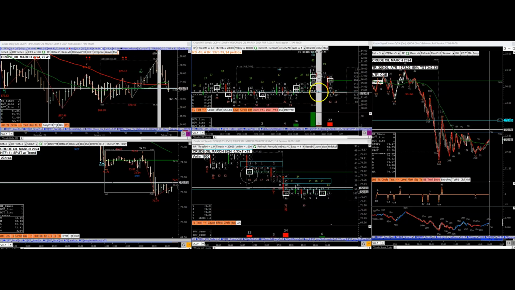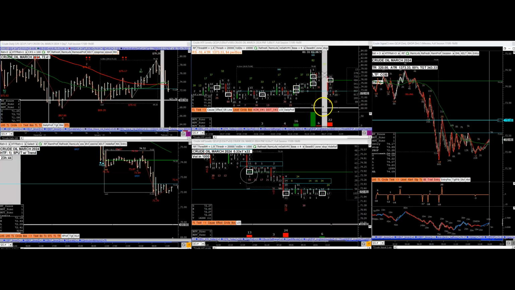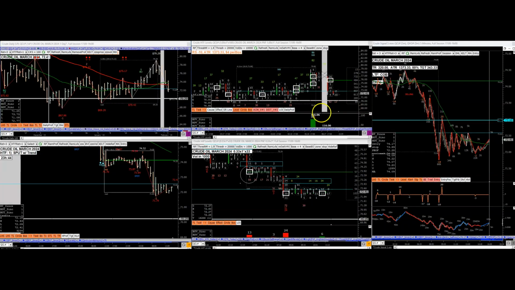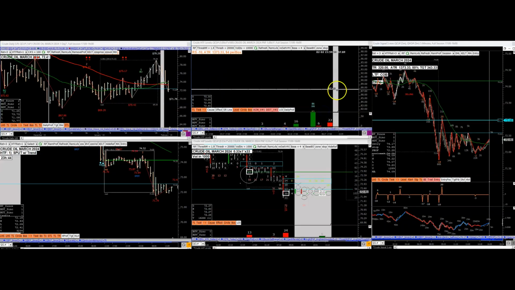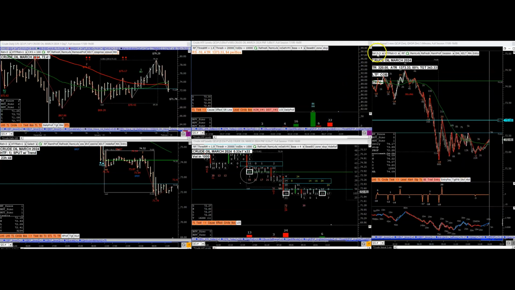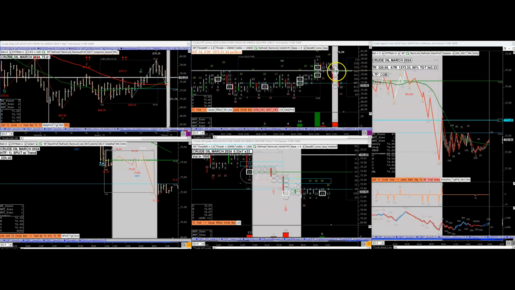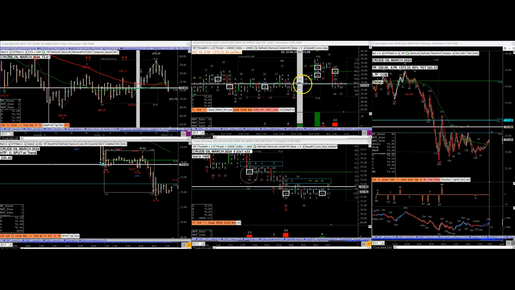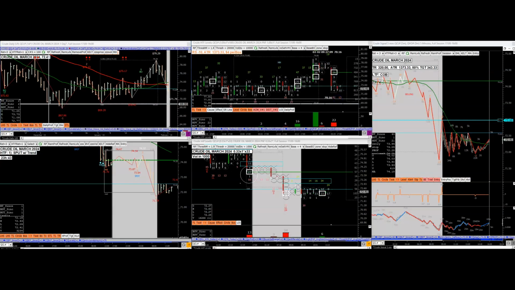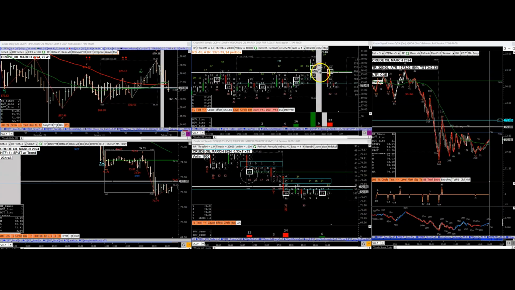Okay, so I'm of the opinion that, I don't know, maybe this was climactic or whatever, but here, this low took out all of these bars, right? So what am I looking for here?